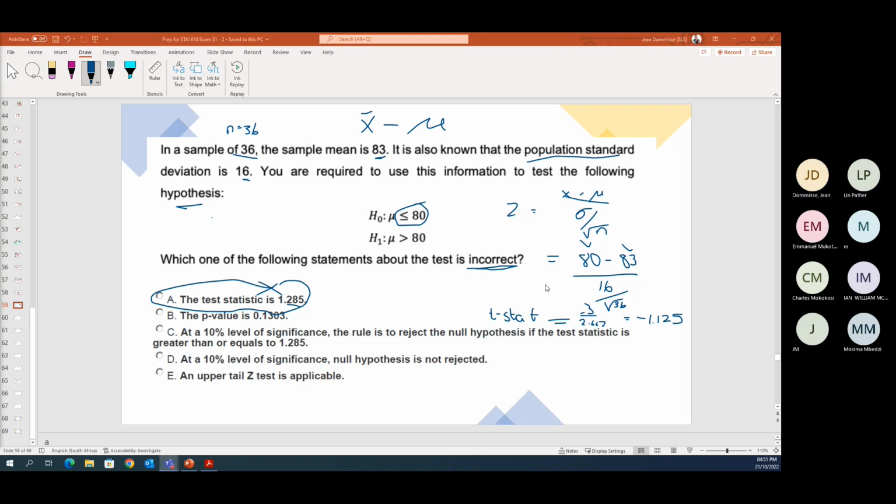So okay, they're telling us that the sample mean is 83.